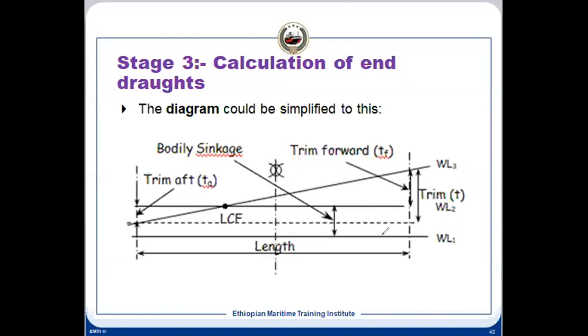Always after that you draw this diagram, so we know how much is the trim. So this is the trim, and this is the aft trim, this is the forward trim, both you add, then this is the trim. And this is the bodily sinkage, and this is the total trim.